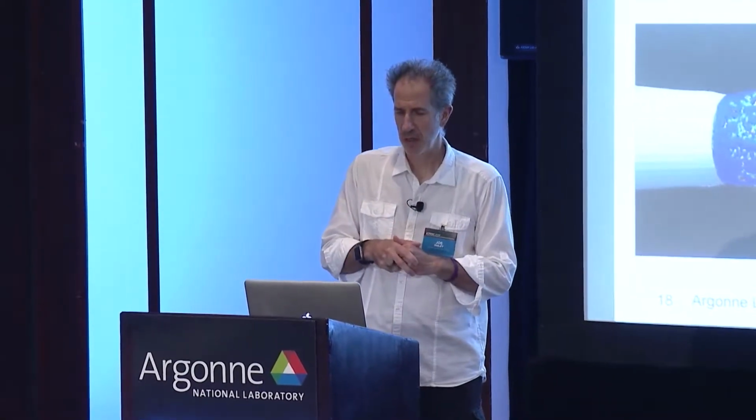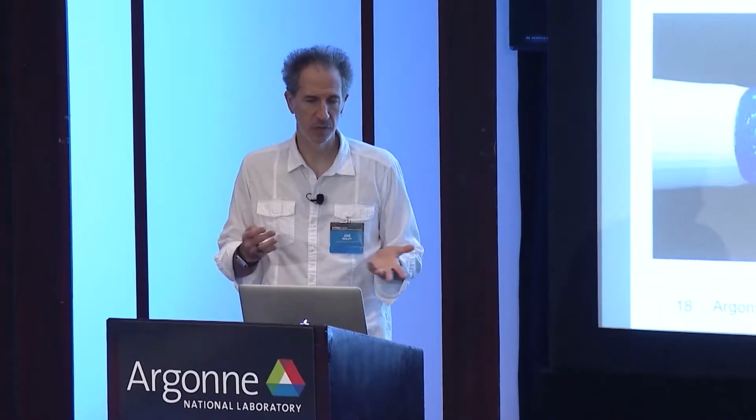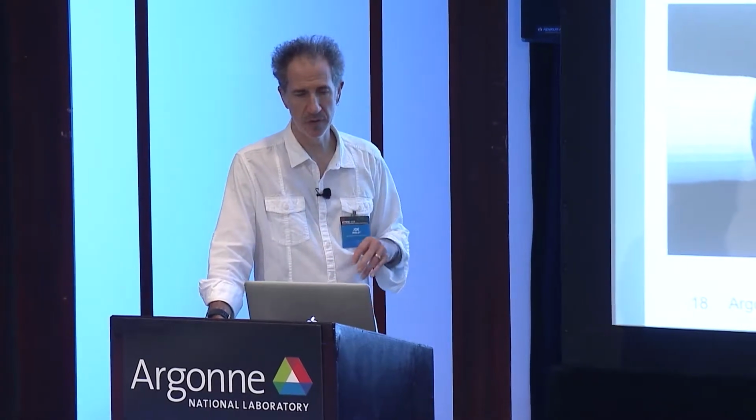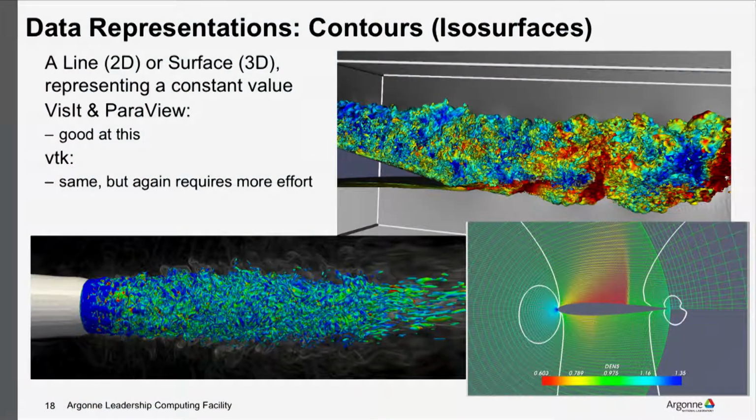So contours or isosurfaces: a line in 2D or a surface in 3D basically represents a constant value across a domain. VisIt and ParaView have capabilities for doing this sort of thing. Again, they also have capabilities for the volume rendering. VTK also has these capabilities, but again, that requires a little bit more effort.